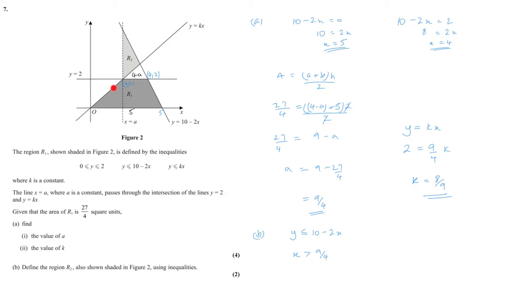And then we want greater than this line, because it's above it. So y is greater than or equal to 8 over 9x. And then I just double check I've got everything. So right to this line, above this line, below this line, that'll give me the triangle shape there.